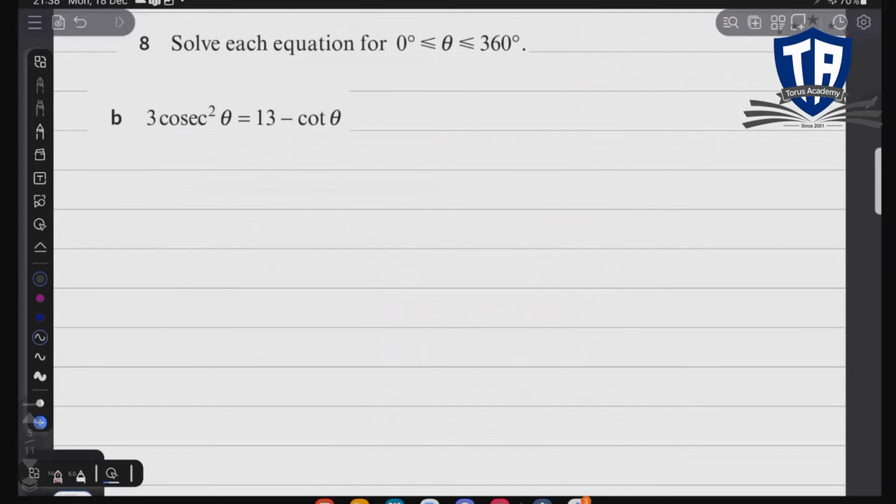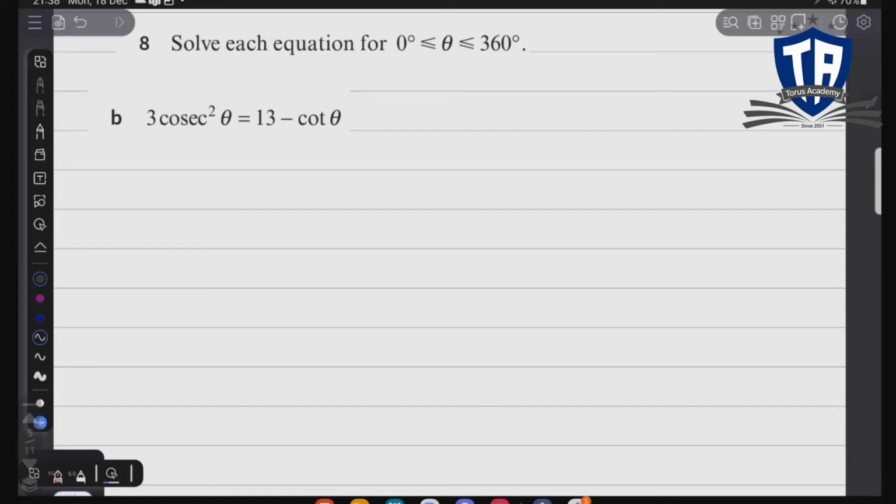This is question number 8 from the same exercise. Consider part B, and in this part B, we have trigonometrical reciprocal ratios involving cosecant and cot. As we all know, whenever we have an equation and we are solving it to find the values of the angles, we have to write the equation in one function, as we have cosecant square and cot.